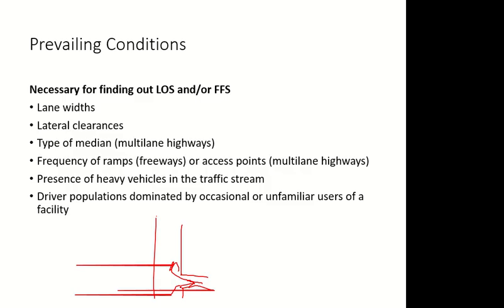No left turn, and no signals. This is called an access point, and it is not an intersection. So you count the number of access points and divide by the length of the multilane segment. I'm not saying the highway, the segment. Then percentage of heavy vehicles in the traffic, and you also need the driver population factor.